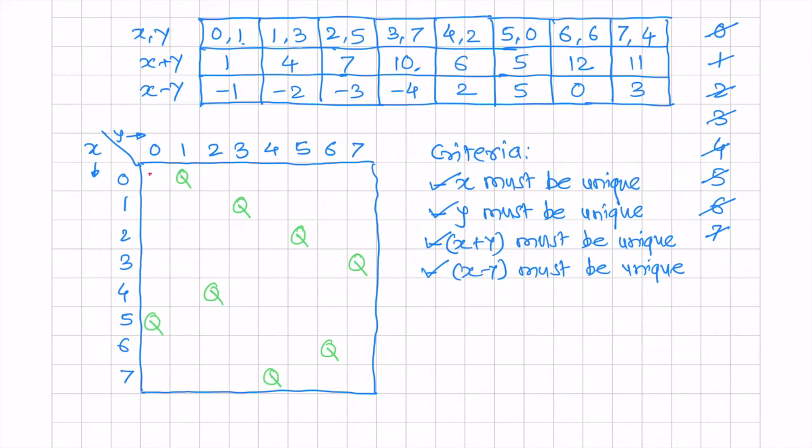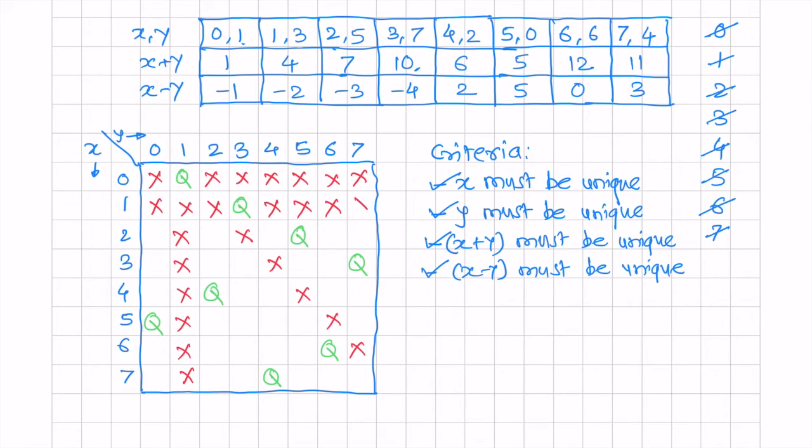See, for the first one, the row seems to be safe. The column is also safe. The diagonals, this one is safe. This is also safe. Okay, for the second queen, the row is safe. The column is safe.